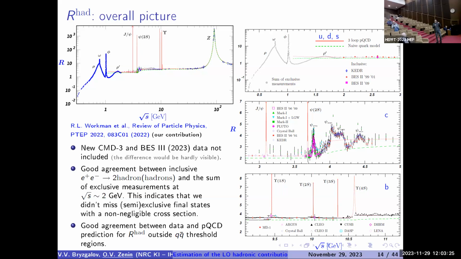This is the blue curve. Then the inclusive measurements made at higher energies are well matched to our sum of exclusive channels. Some charm and beauty regions are shown here, along with QCD parameterizations of the total cross sections. So this is just an illustration.